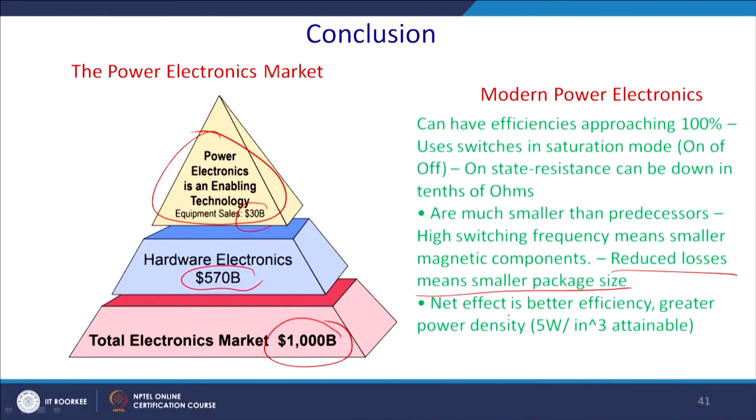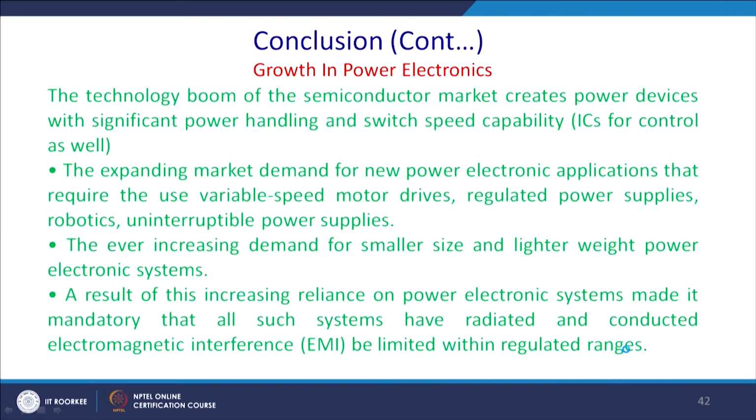It reduces losses and means a smaller package and size, which is very suitable for the avionics industry, where they can cut down operating cost if they manage to reduce the weight of the flying object. The net effect is better efficiency and greater power density, and now we are looking at 5 watts per square inch being attainable.